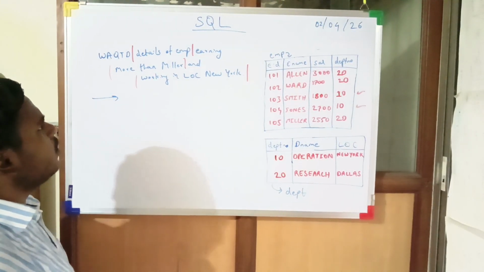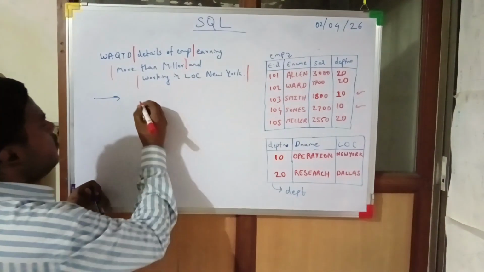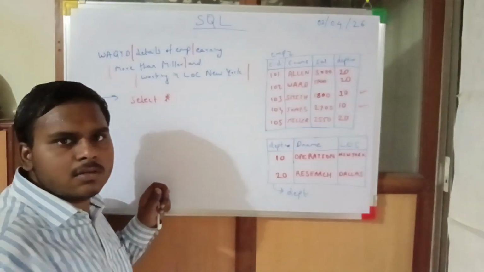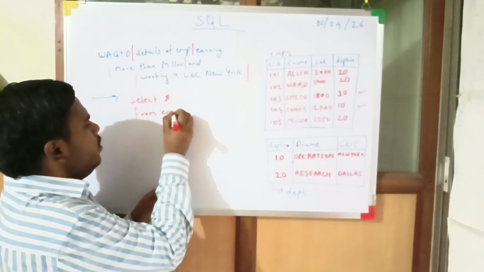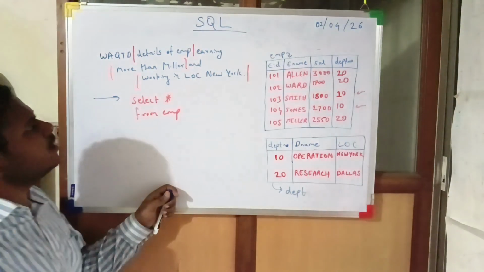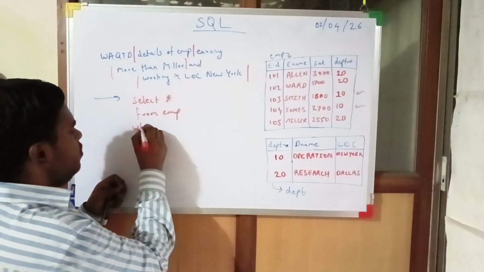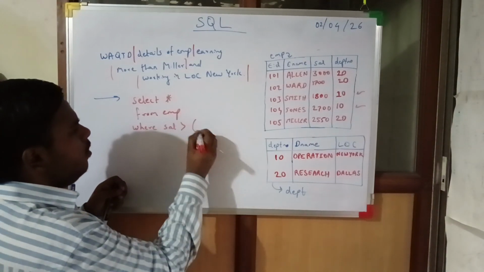First of all, outer query. What I want to display? Details of employees. So what I will add? Select asterisk. From which table? From EMP table. What is the first condition saying? Salary more than Miller. Earning means what? Salary. Where salary is greater than what?